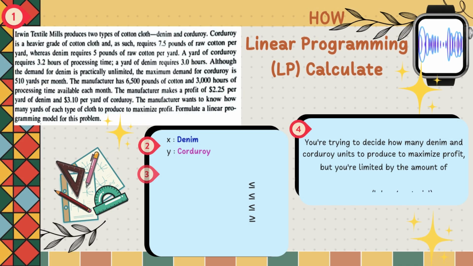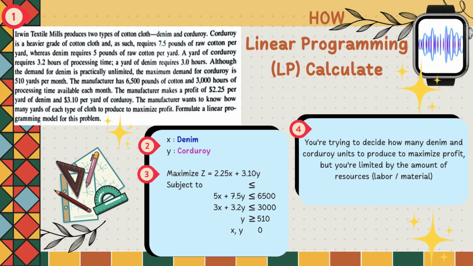Alright, the last part is how we calculate linear programming. In this slide, we provide one example question so I can explain step by step. Step 1, you must read the question carefully because the question has important data. Step 2, you must label X for denim and Y for corduroy.